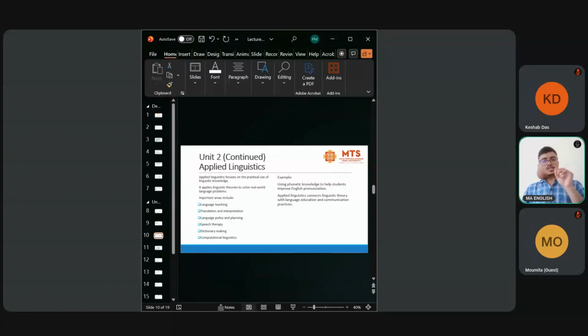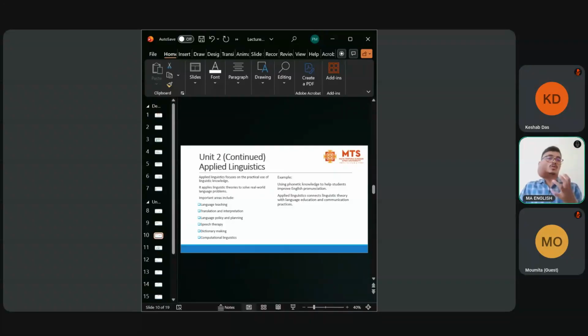So when a student confuses the sounds in, I'll give you two words, like sheep and ship, right? Even if you're confused, one is SHIP, the other one is SHEEP.